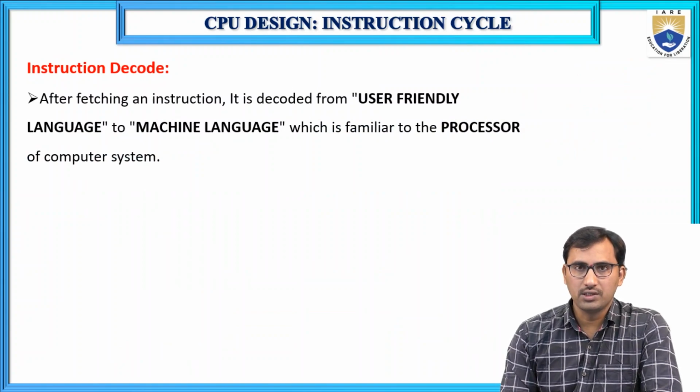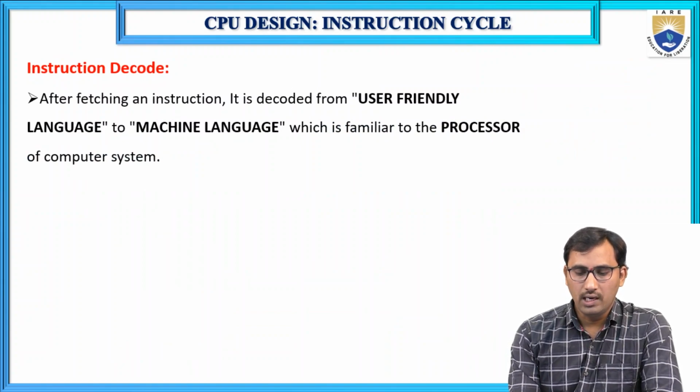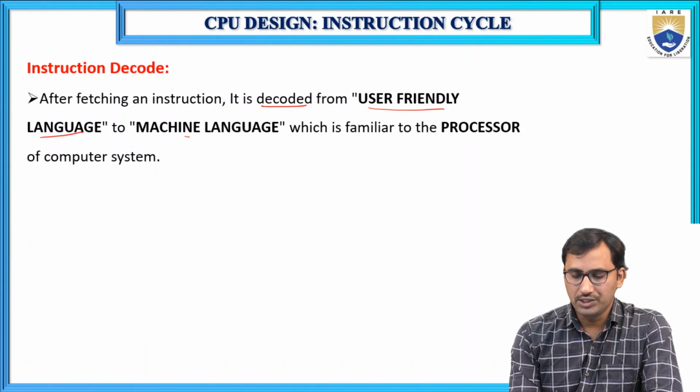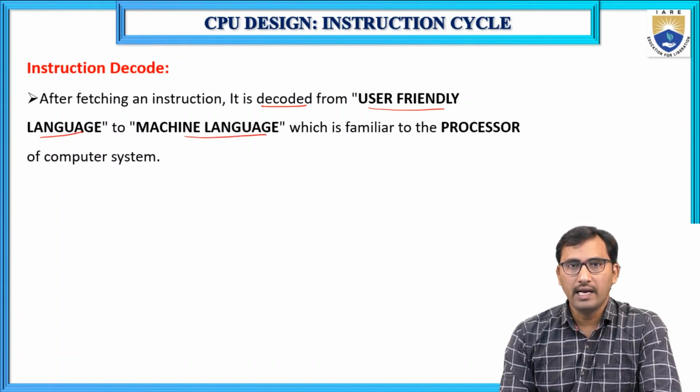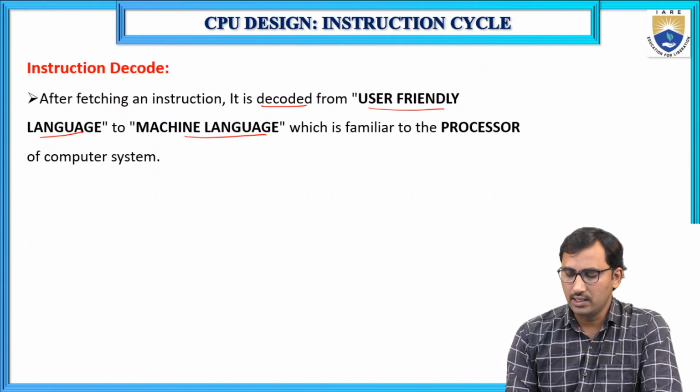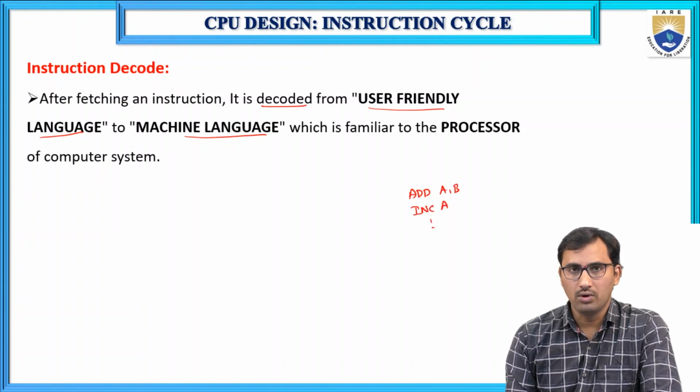So this is the process of instruction fetching. And coming to instruction decoding. After fetching an instruction, the next phase is decoding. Decoding means conversion of the user-friendly language to machine language, because we write the program using some high-level language, using English words, or using assembly language like add A comma B, increment A, and so on.